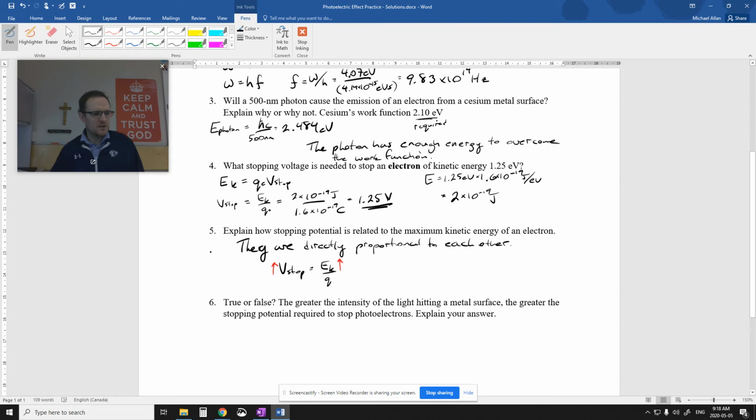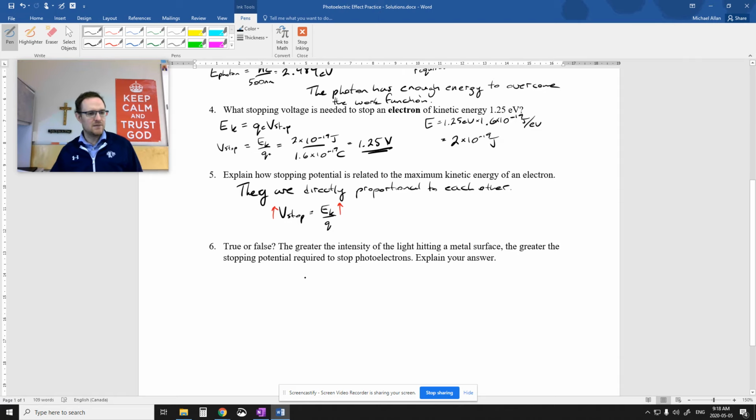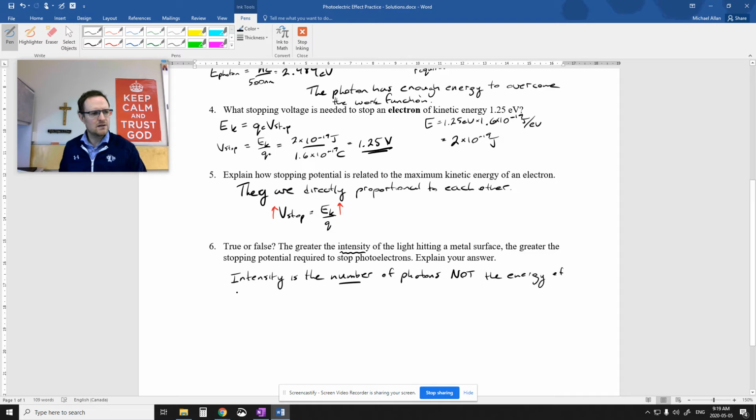Okay. True or false? The greater the intensity of light hitting a metal surface, the greater the stopping potential required to stop the photoelectrons. So remember the definition of intensity. Intensity is the number of photons, not the energy of the photons.